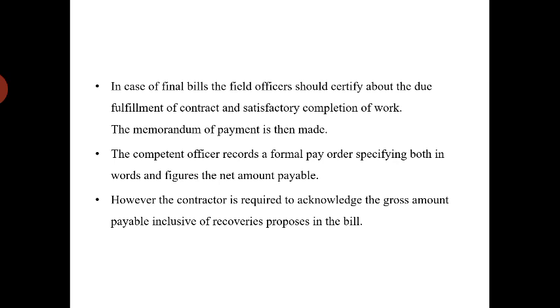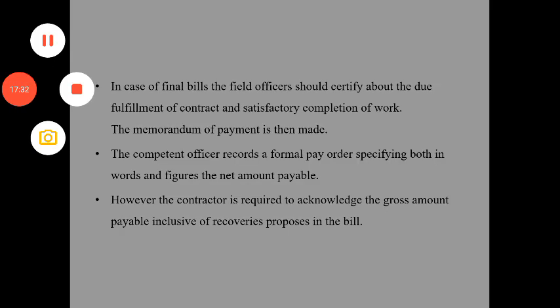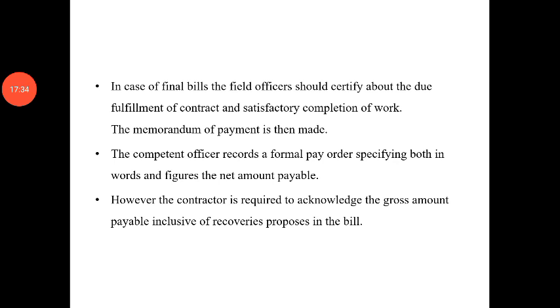The competent officer records a formal pay order specifying both in words and in figures the net amount payable. He has to specify how much the amount should be paid to the contractor.